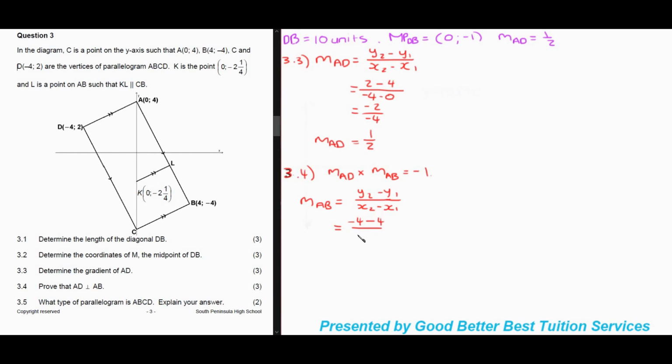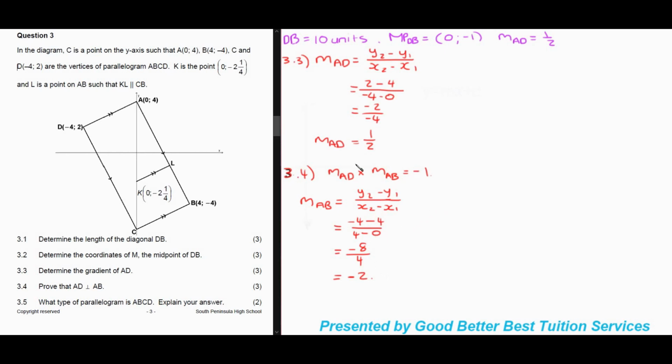And then we're going to go x2, which is 4, minus our x1, which is 0. And so minus 4 minus 4 will give me a minus 8. And then 4 minus 0 gives me 4. And so what this answer works out to is negative 2. Right? Because 8 divided by 4 will give me 2. So that's the gradient for AB.